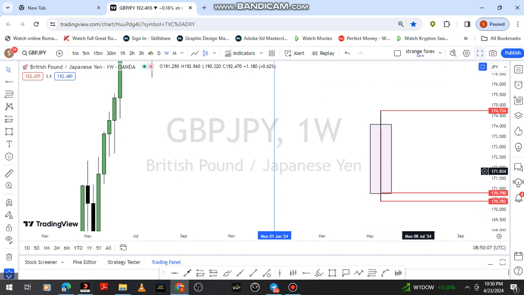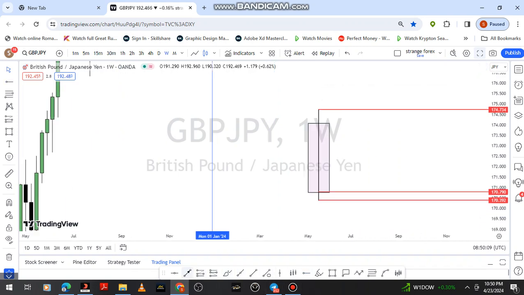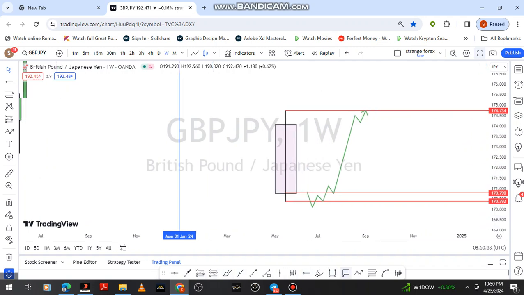When the market opens at this point, you're looking for the market to either sweep this and then come back in, then continue going higher until it reaches your TP. That's what you're looking for. Or you're looking for the market to trade a little bit below and then come back in to test and then go higher.